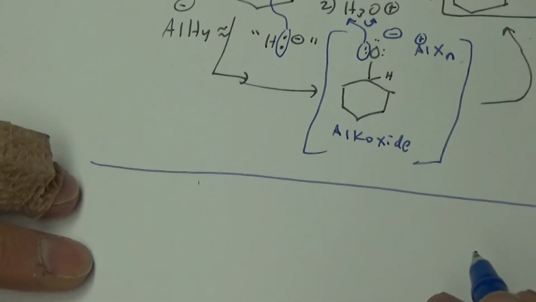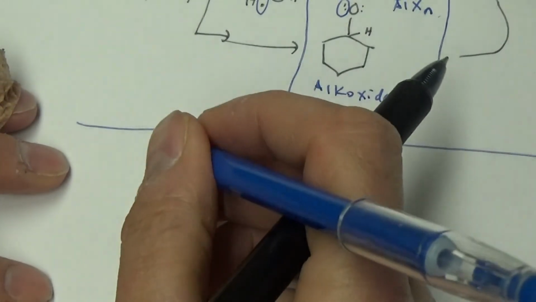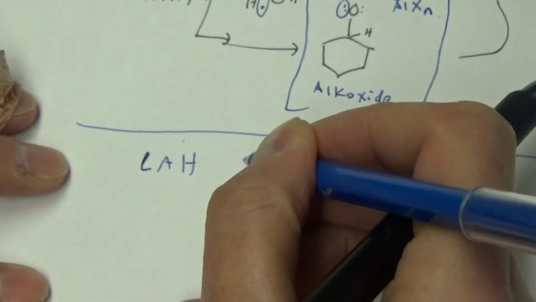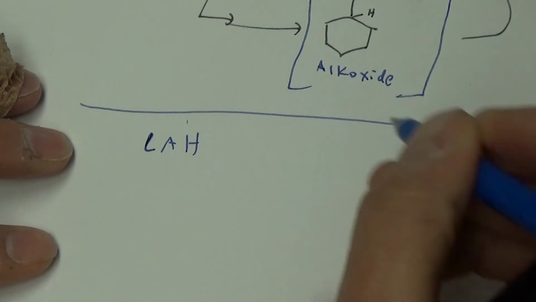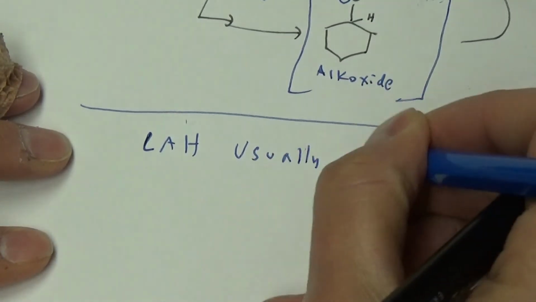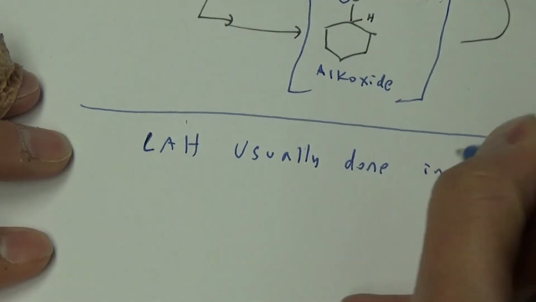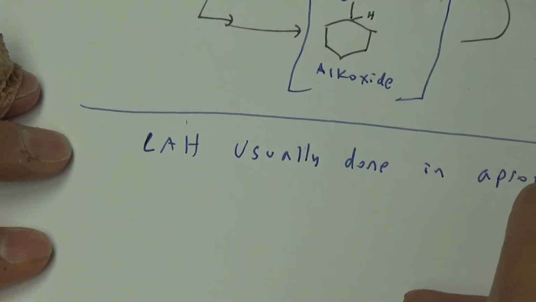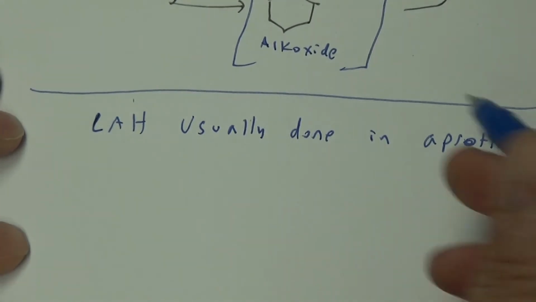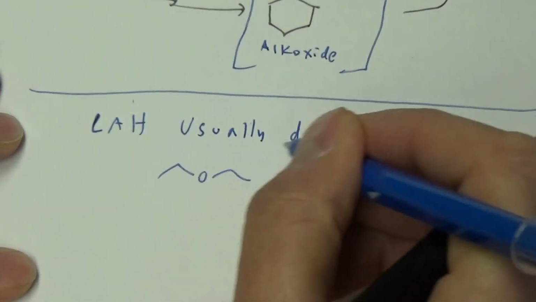We talked about ether and THF. The lithium aluminum hydride, LiAlH4, is usually done in aprotic solvents, so things that don't have a proton donor. The typical ones, like we said, were diethyl ether or THF.